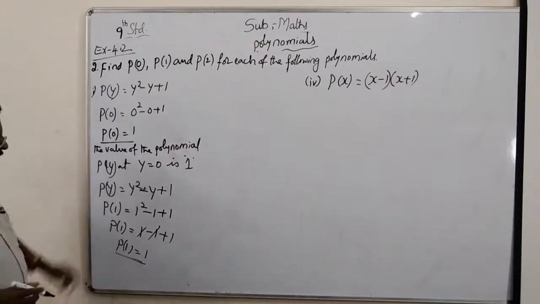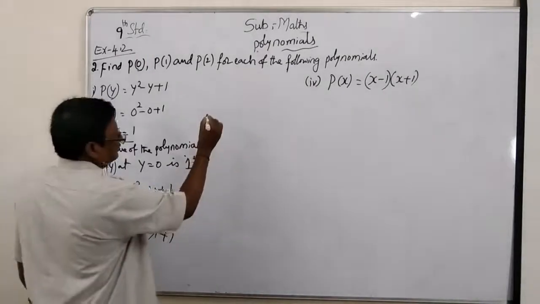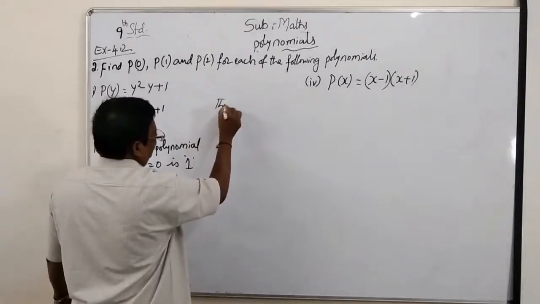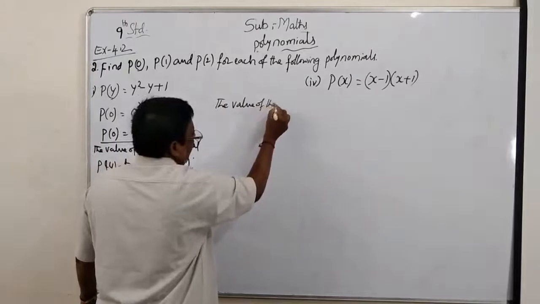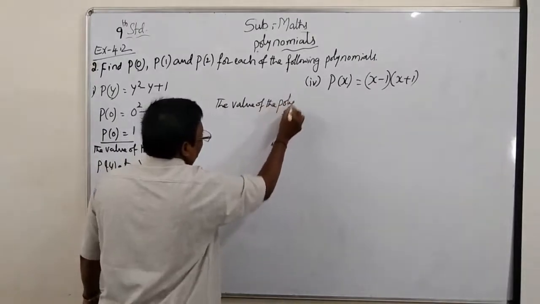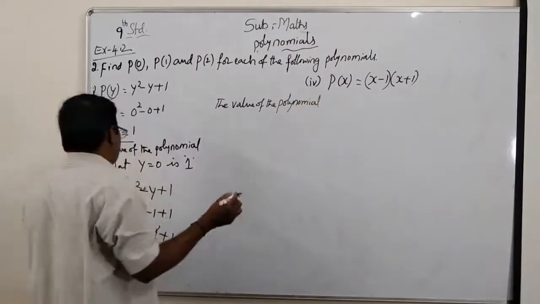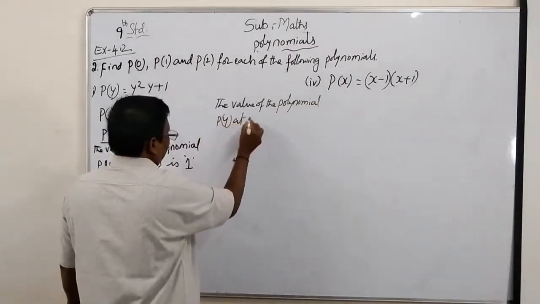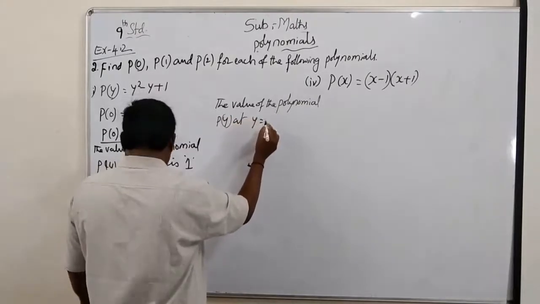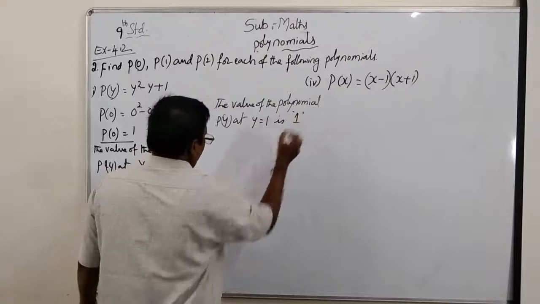The value of the polynomial p of y at y is equal to 1 is 1.